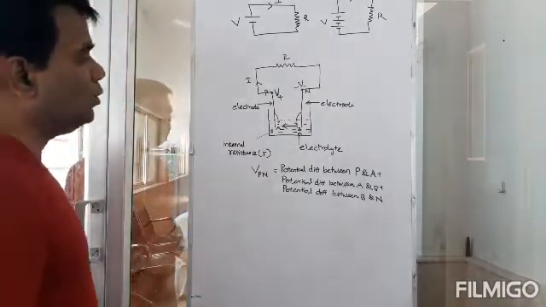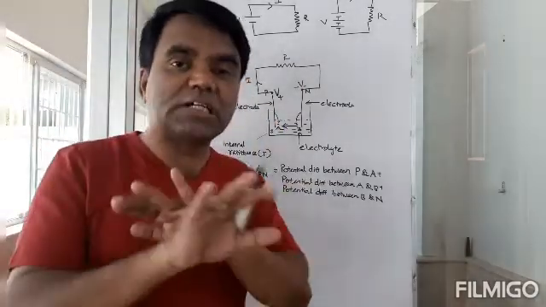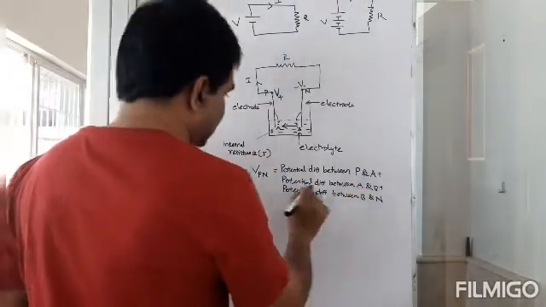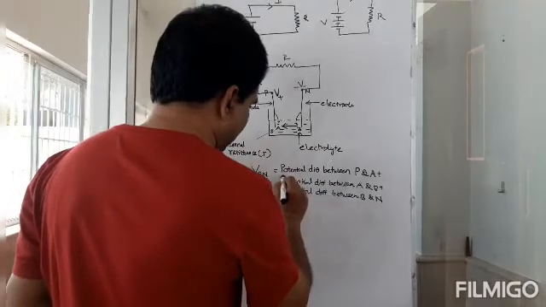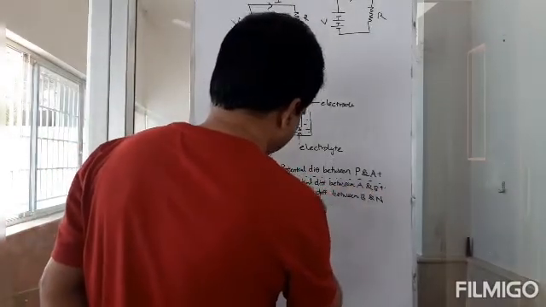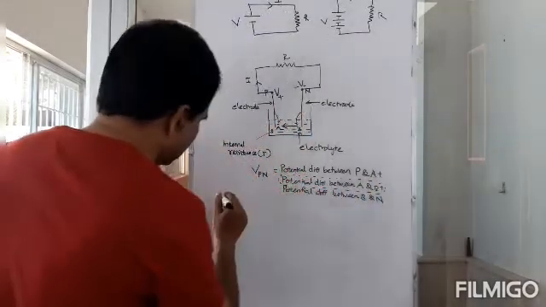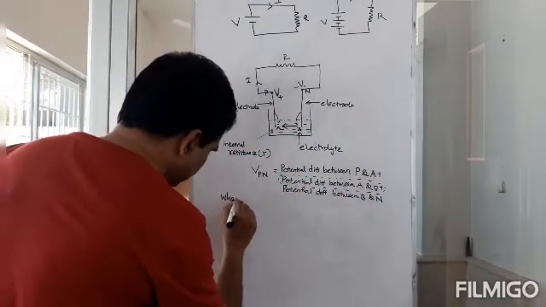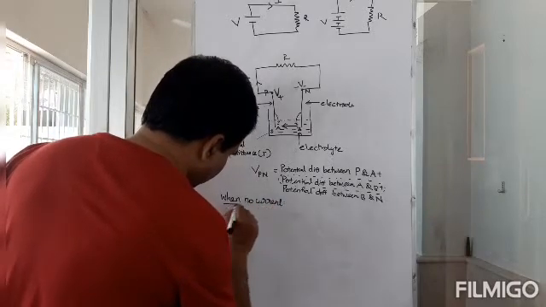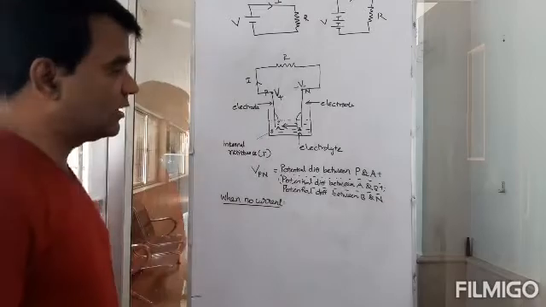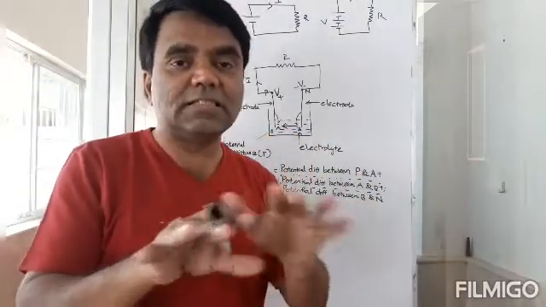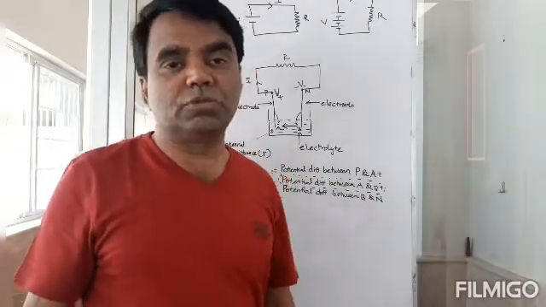Okay. So now let us take the first case when no current is flowing through it. When no current is flowing through it, potential difference between A and B is 0. Right, because they are at the same potential. So when no current, the electrolyte has the same potential throughout.